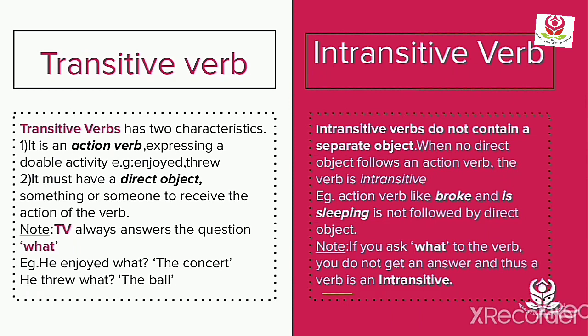Understood? What have we seen? The glass broke, the baby is sleeping. It does not have any direct object. An important point to note: if you ask the question what to the verb, you will not get an answer. Understood? That's why it is known as an intransitive verb. I hope it is clear to you.